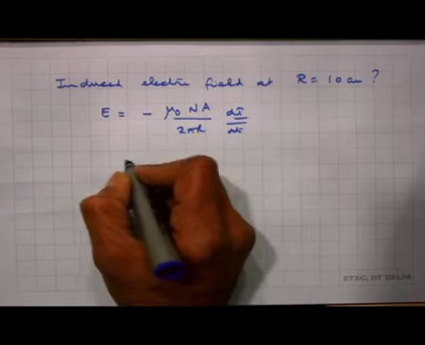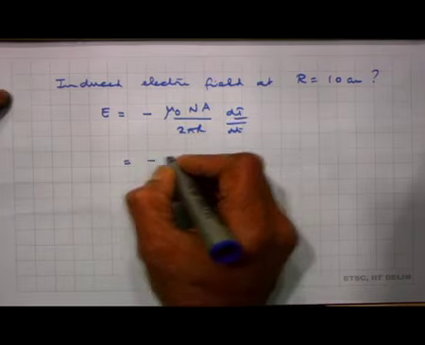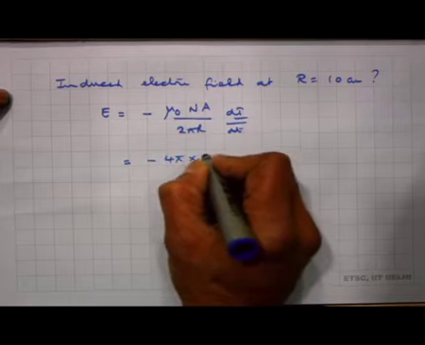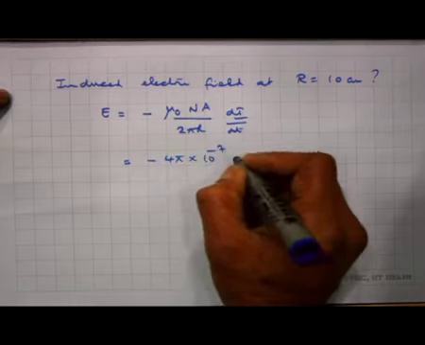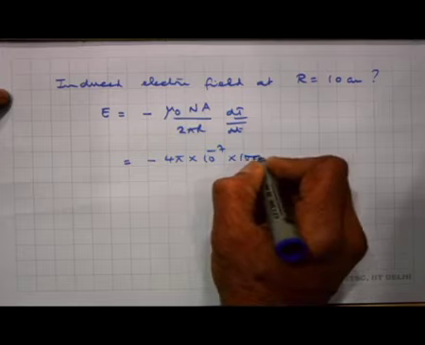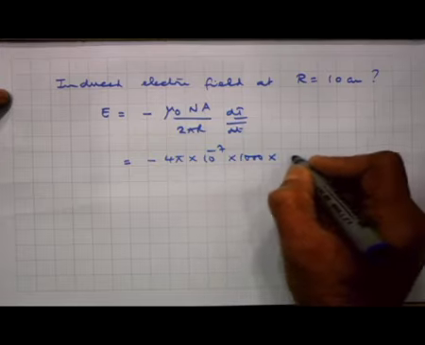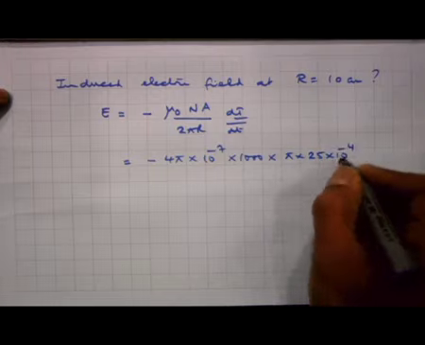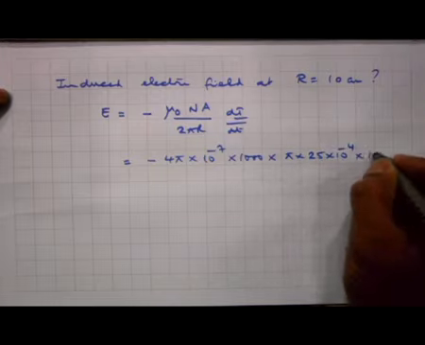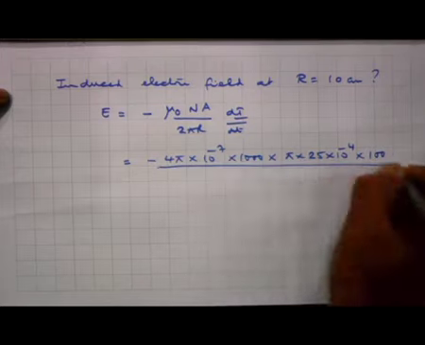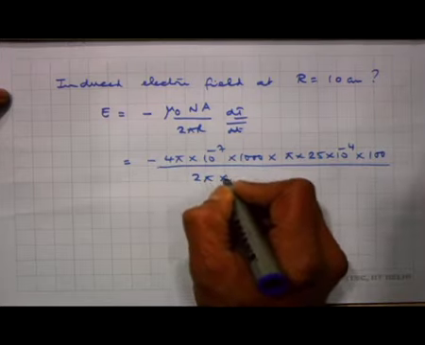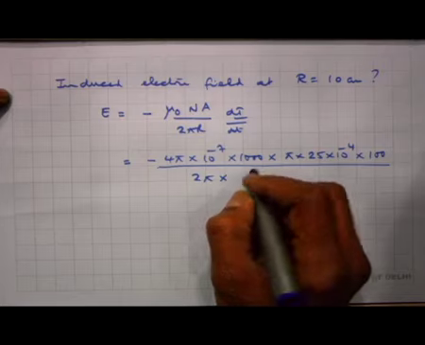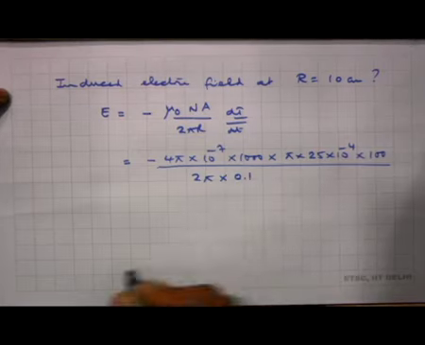So, let me substitute the numbers. Minus 4 pi 10 to the minus 7 into 1000 turns per meter into area of pi into 25 10 to the minus 4 meter square, di by dt is 100 amperes per second, divided by 2 pi into capital R, which is 10 centimeters, that is 0.1 meters.